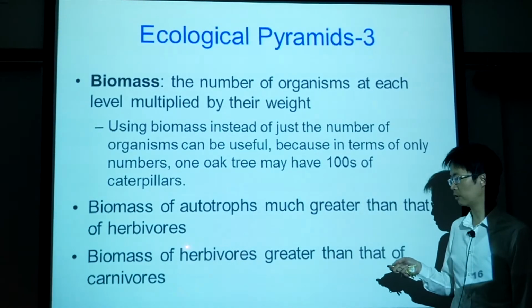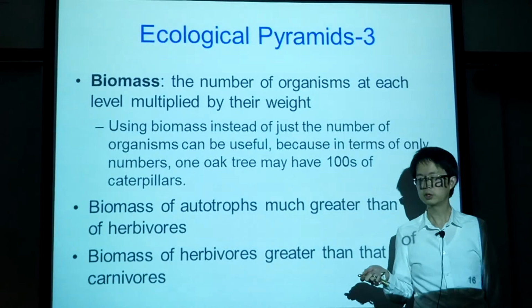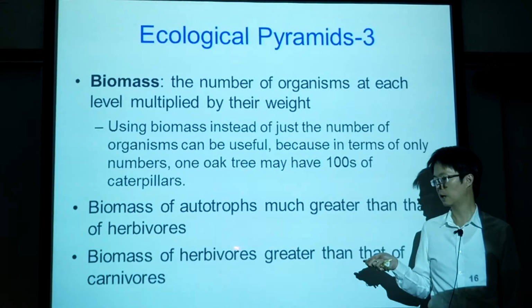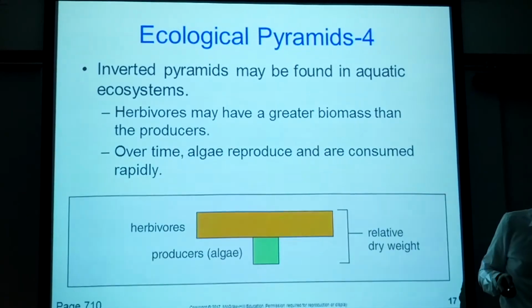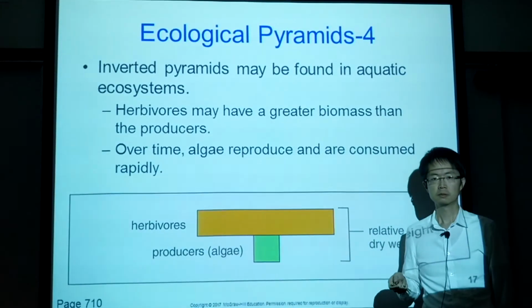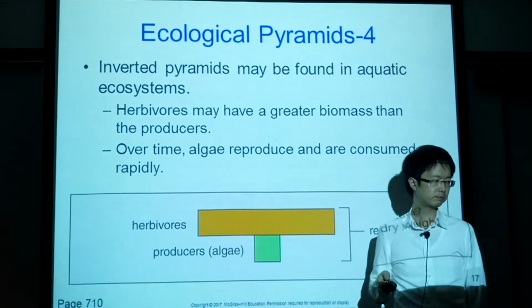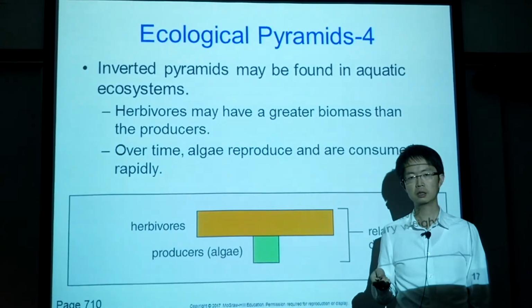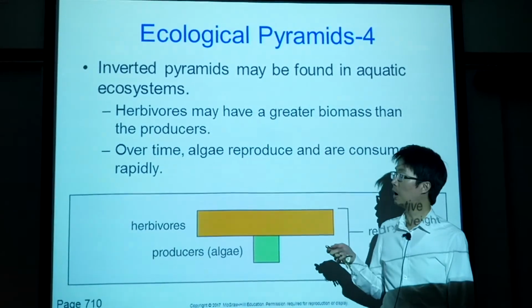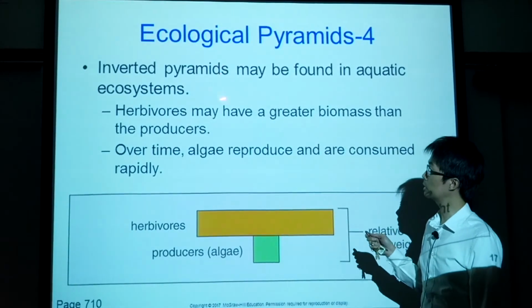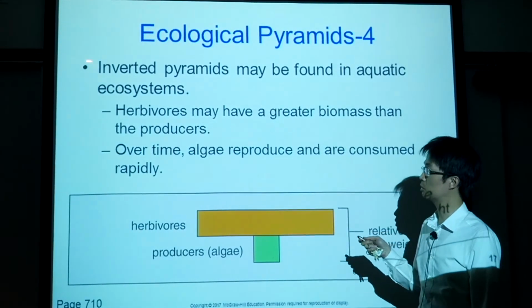And the biomass of herbivore is also greater than that of the carnivore because we need to have enough herbivore to support the carnivore. So the biomass pyramid is similar to the energy pyramid, but there is an inverted pyramid in the aquatic ecosystem.